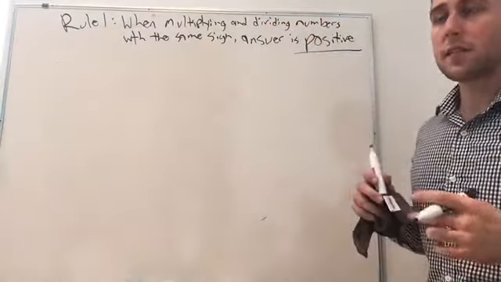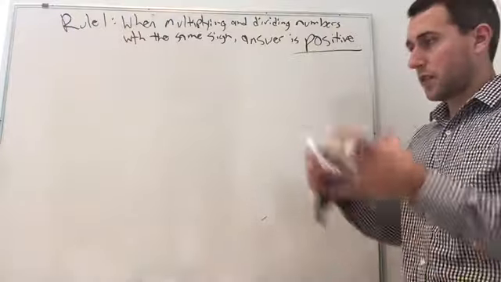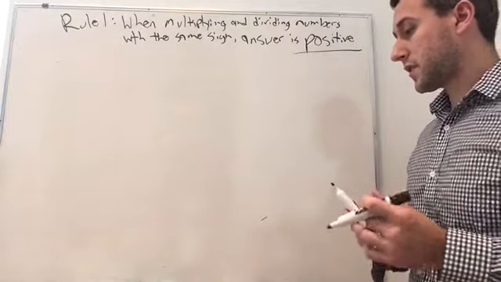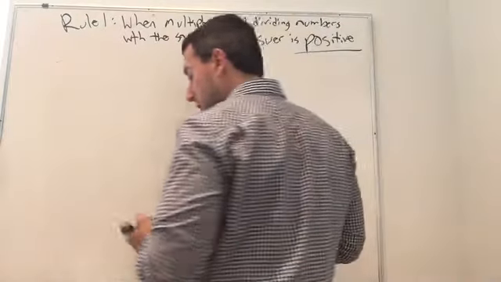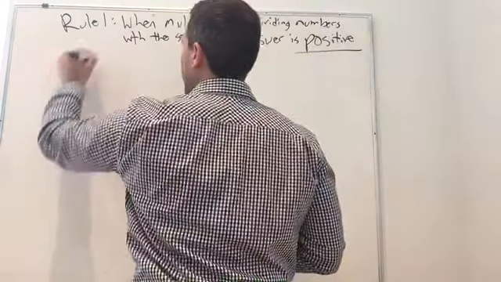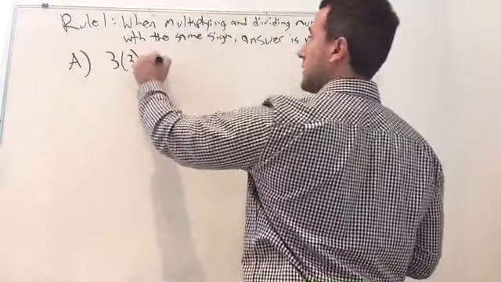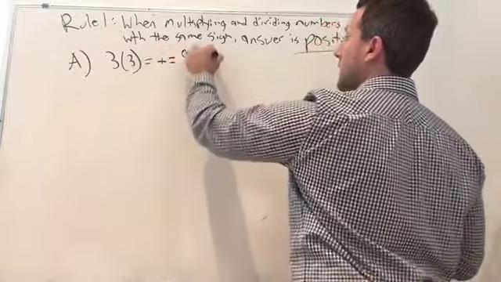Right, now we obviously know that from 5 times 4 or whatever, but the answer is always, always, always going to be positive. So if we look at the examples that we have there, right, A is just 3 times 3. That's obviously going to be positive 9.